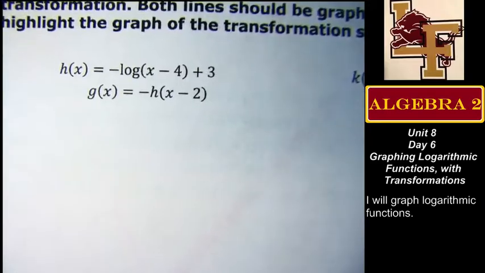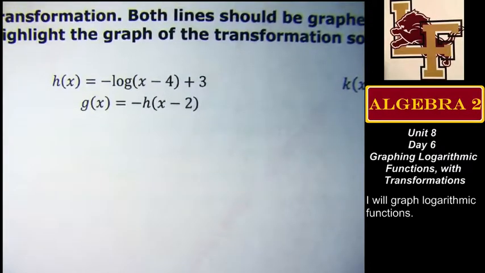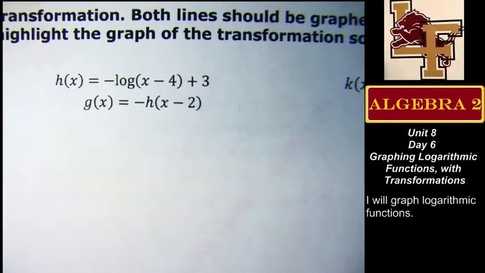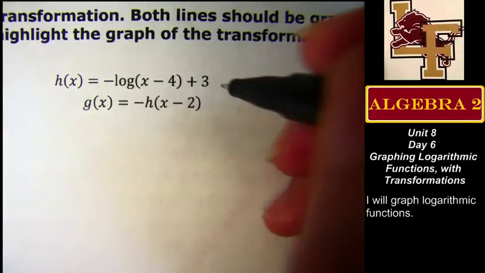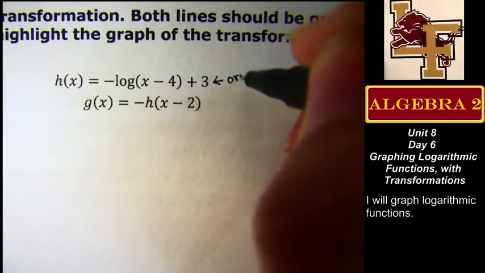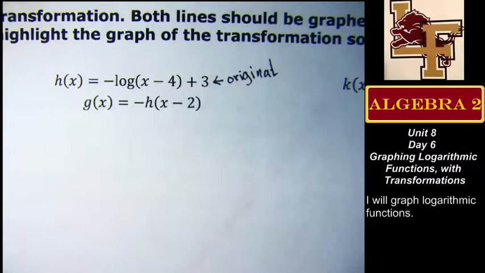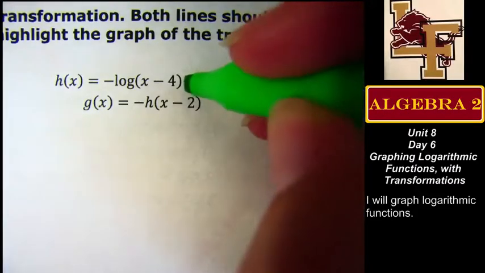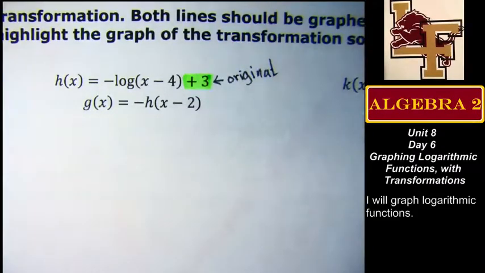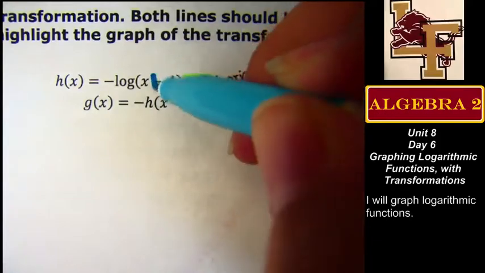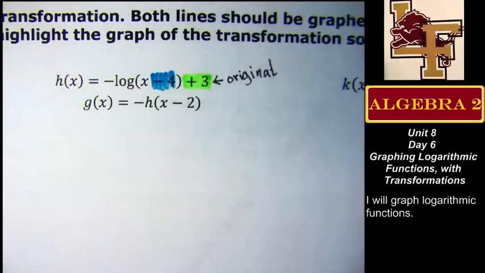All right, so the first thing I need to do is graph the original function. My original function is this one right here. This is my OG, my original function. I see a vertical translation. I see a horizontal translation.